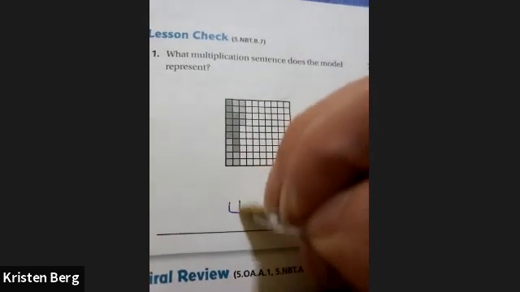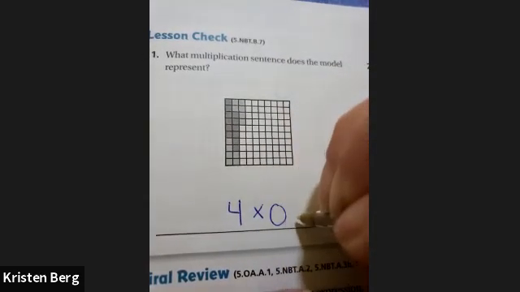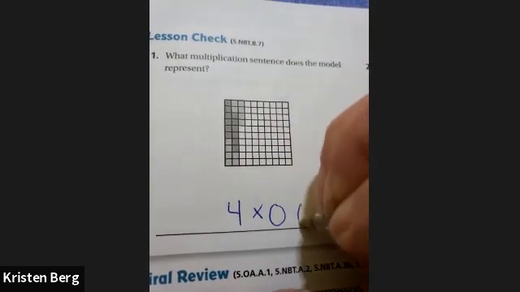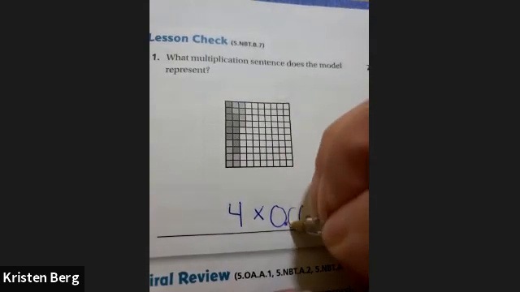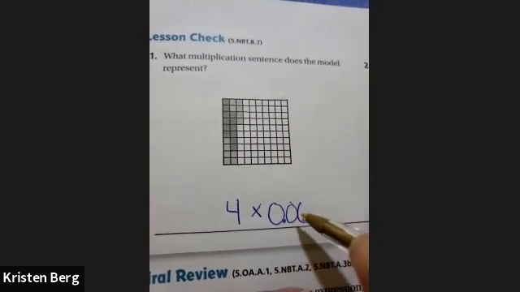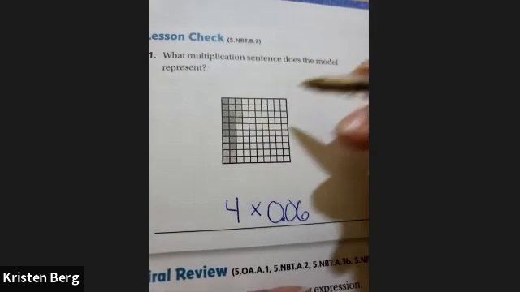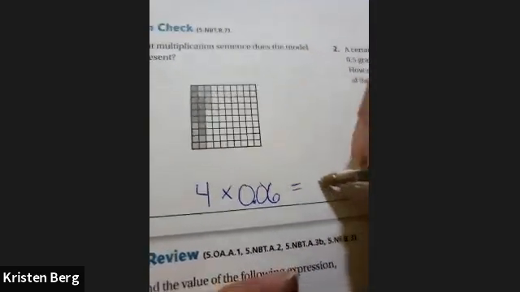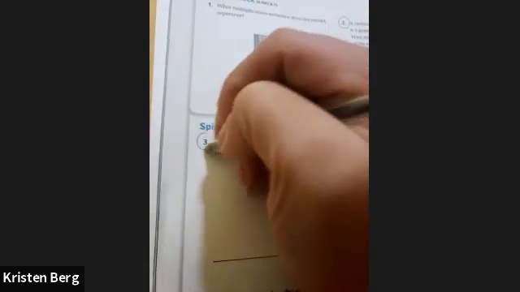So there is 4 groups, but we're going to times it by 6 tenths. Now remember, this is not 6 hundredths, this is 6 tenths. Remember, when you're saying 6 hundredths, you need to have that 0 in place there. And then what did your answer come out to be? It came out to be 24 out of 100. So therefore that would have been 24 hundredths. So the ones that I want you to do on this page is 2, 3, and 5.